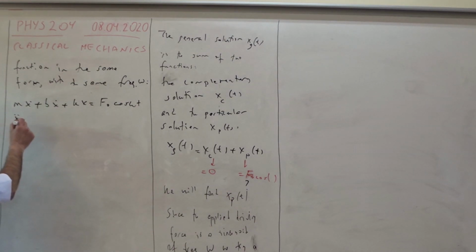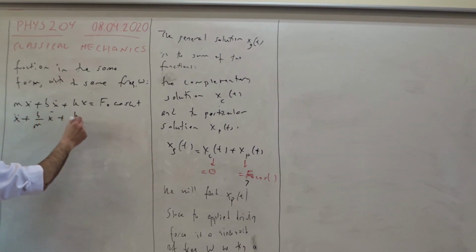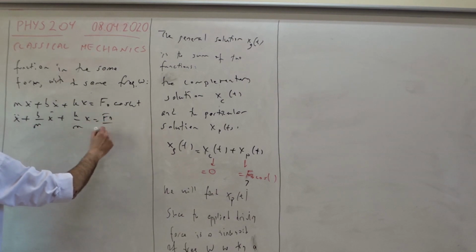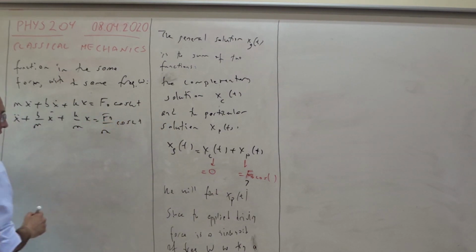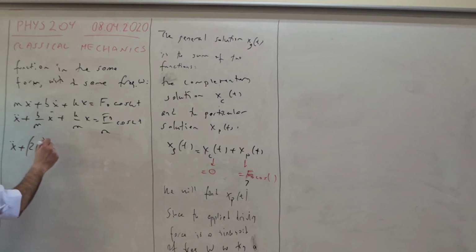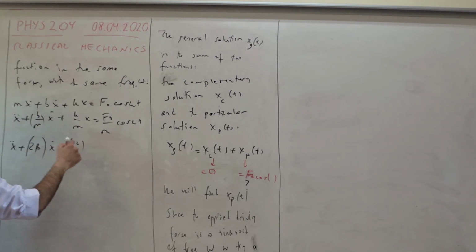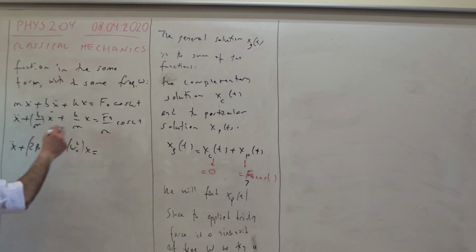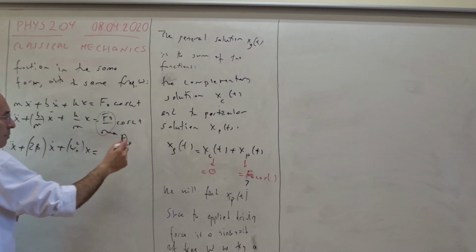So we have x double dot plus b over m x dot plus k over m x equals f0 over m cosine omega t. And again, let me substitute as before 2 beta for the first coefficient, omega 0 squared for the second coefficient, and on the right hand side, f0 over m, let it be capital A.